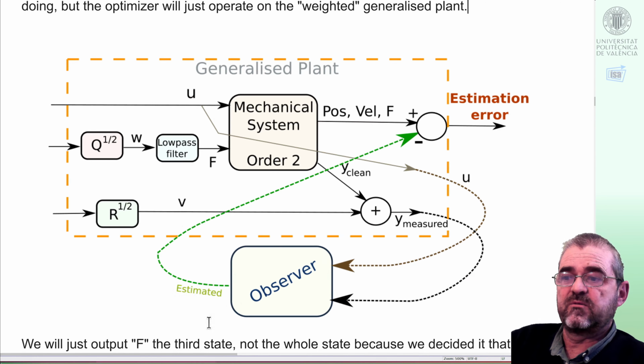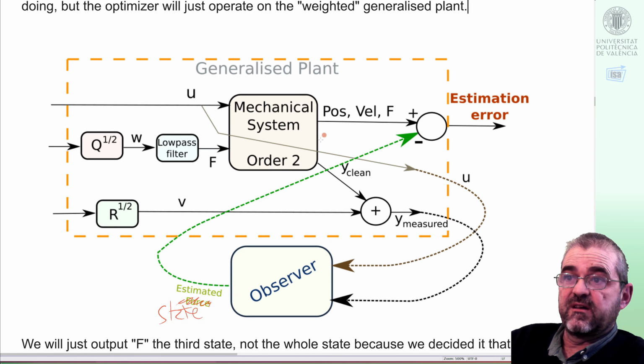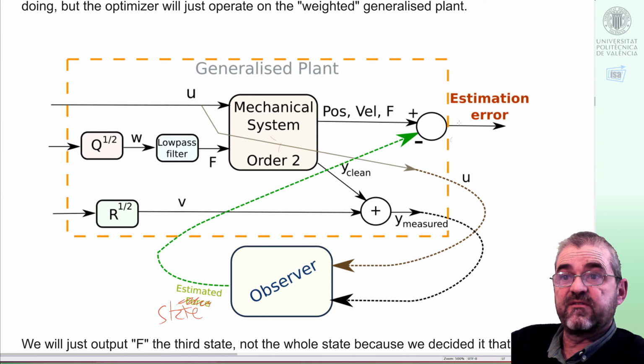Then my task will be outputting some estimated state to be compared with the 3 state variables of my system here, which are the position, velocity, and this force, because it is the state variable of this low pass filter. So reducing this estimation error defines an observation problem.